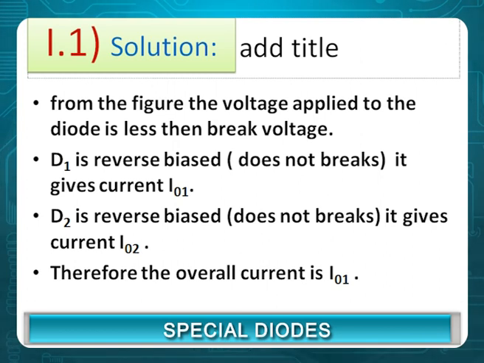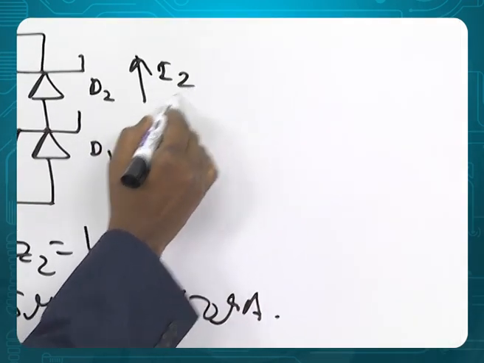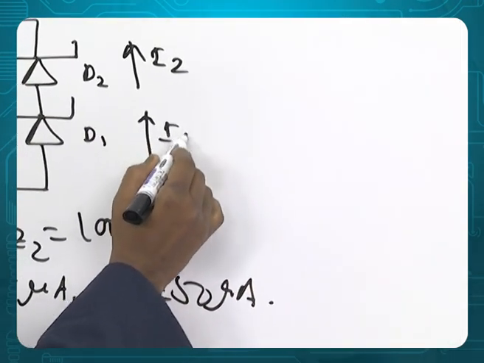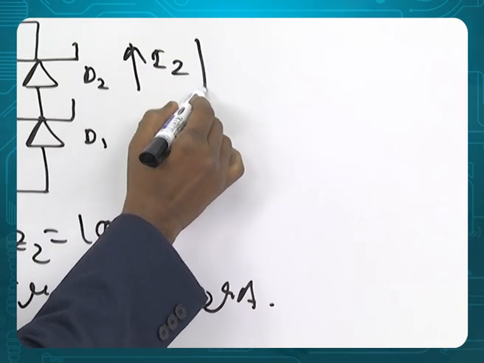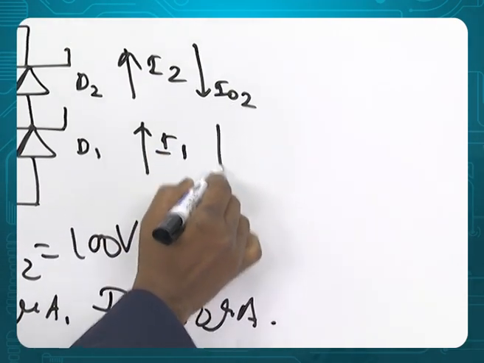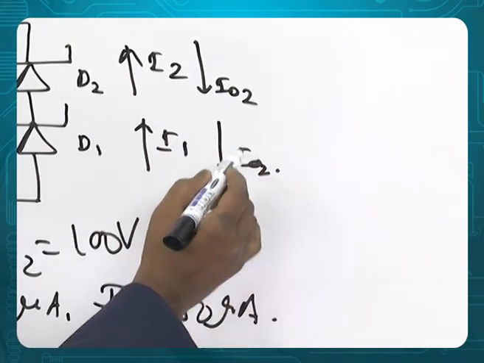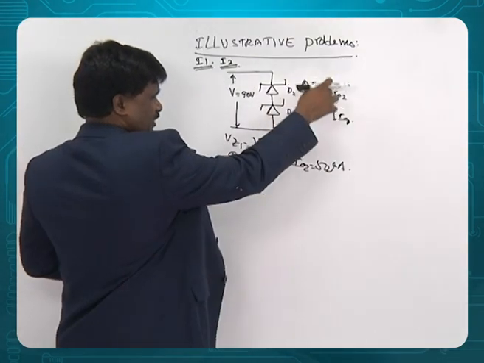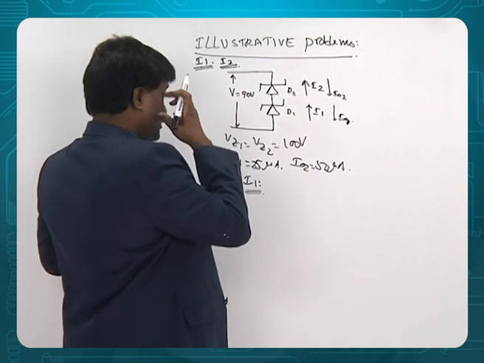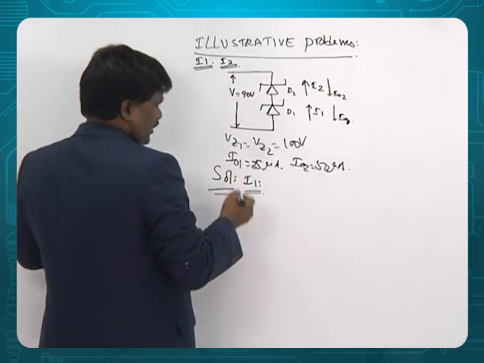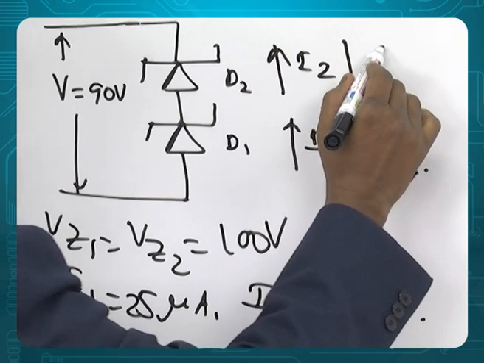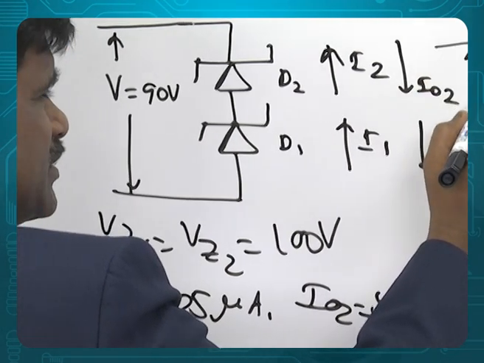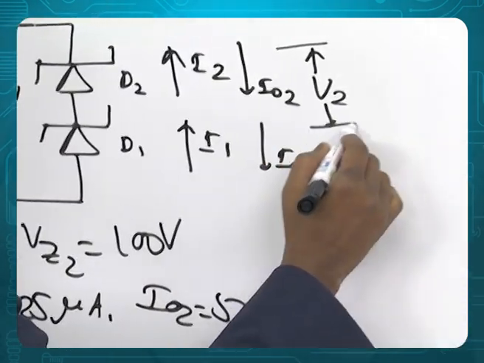What is it that we wanted? Currents. Current is generally in the direction of the diode, and reverse current is opposite. Forward current, reverse current. Now, the voltage across the diode is like this.